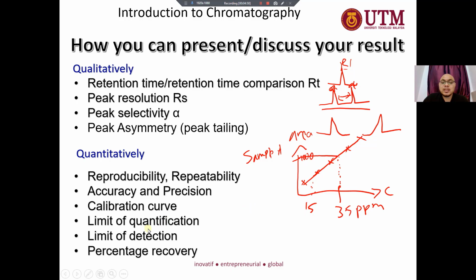What is the limit of detection? Limit of detection is the lowest amount of the analyte that can be detected. But we can only say that, for example, before we go further, the LOD you determine as 0.2, but your calibration curve you make from 1 to 5 ppm only.